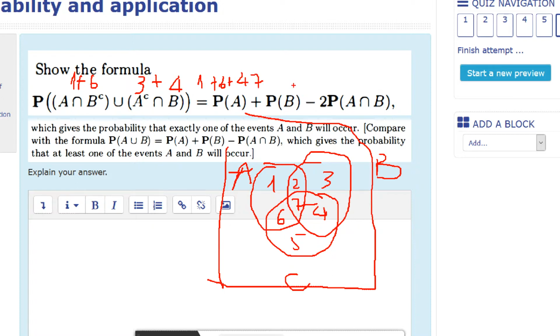P is the regions 2, 7, 4 and 3. So when you draw the Venn diagram, it is easy to prove this property and compare it.